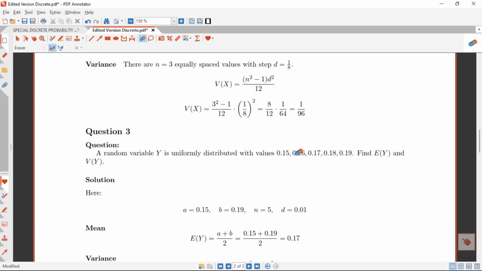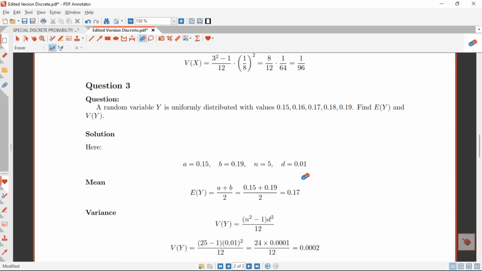These are rational numbers. So for the expectation, it's surely going to work with a plus b divided by 2, but for the variance you cannot use the (b minus a plus 1) all squared minus 1 divided by 12 formula. Rather, we're going to use n squared minus 1 times d squared divided by 12. That is what we used earlier.